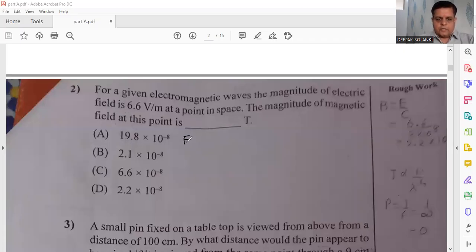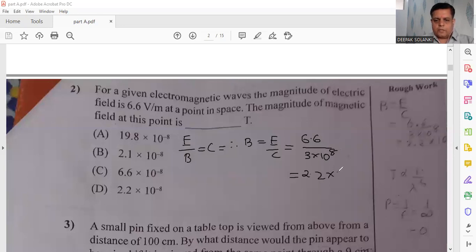We know that E by B is C. So magnetic field B is E by C. So 6.6 divided by 3 into 10 to power 8. So it is 2.2 into 10 to power minus 8. So this is the right answer.